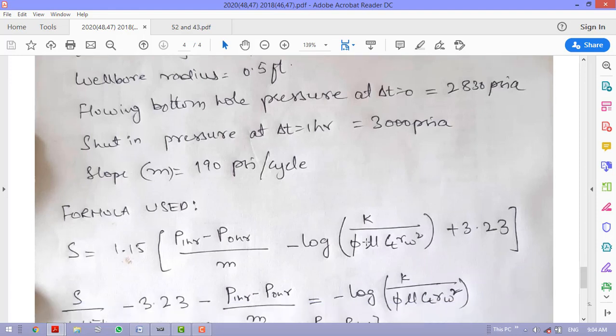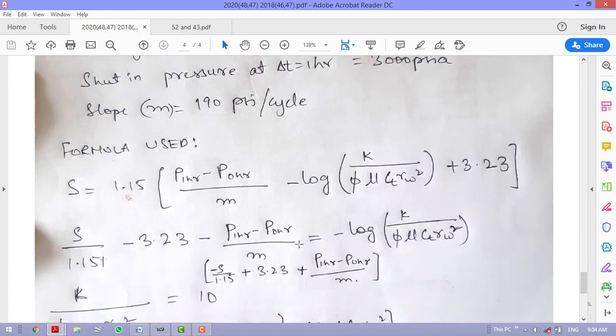First I took 3.23 to the left hand side, and the term 1.15, which is in multiplication on the right hand side, I took to the left hand side in division.